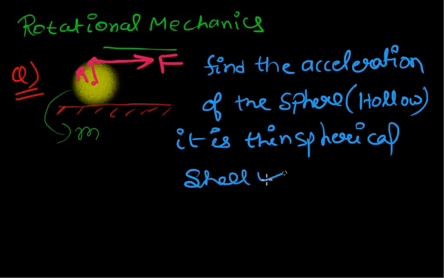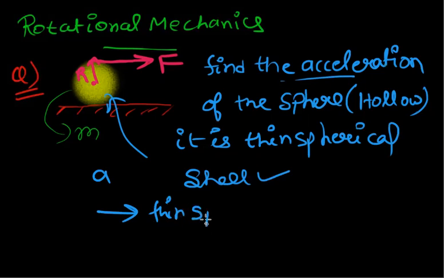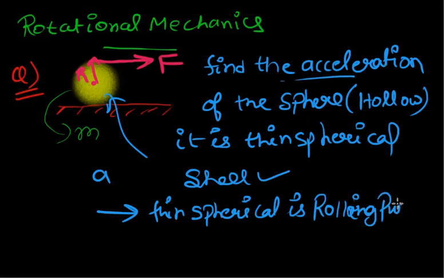We have to find the acceleration of the sphere, and it is said that this thin spherical shell is in pure rolling, which means there is no slipping. So let us solve this question, students.